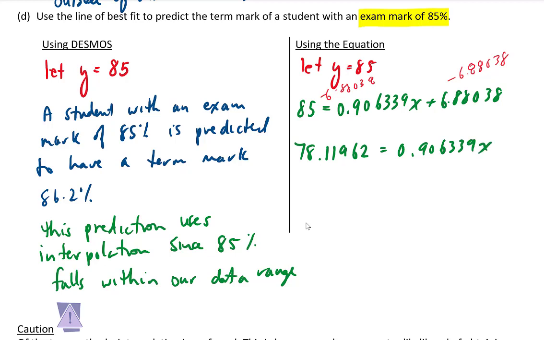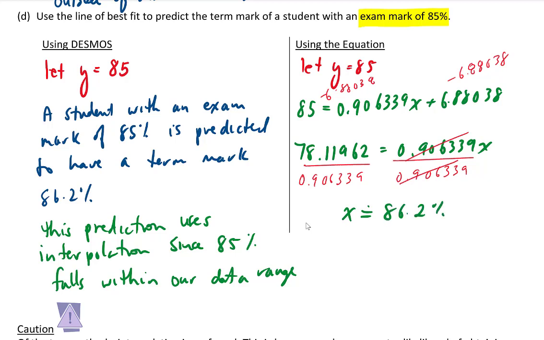And our last step is to divide both sides by 0.906339. Those cancel. And we're left with x approximately equal to 86.2%. And our same conclusion, a student with an exam mark of 85% is predicted to have a term mark of 86.2%. And this prediction uses interpolation since 85% falls within our data range.